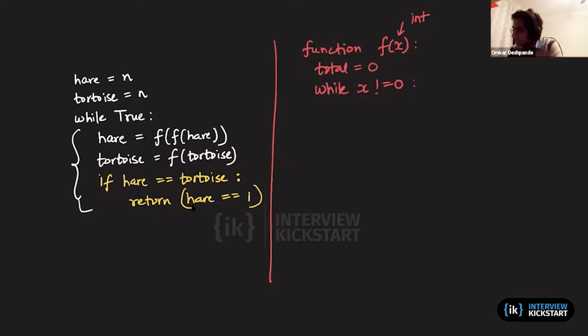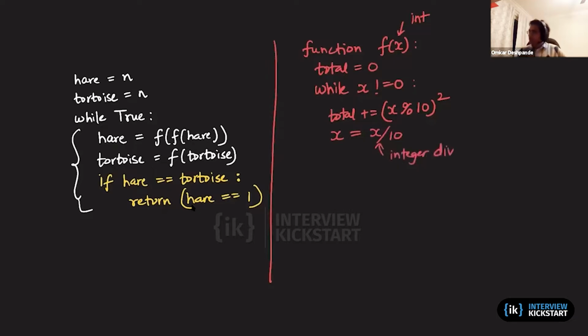x mod 10 would be the rightmost digit of x. If we square that, that's what we add to the running total. Since we have accommodated that rightmost digit, we should reduce the value of x by integer division.